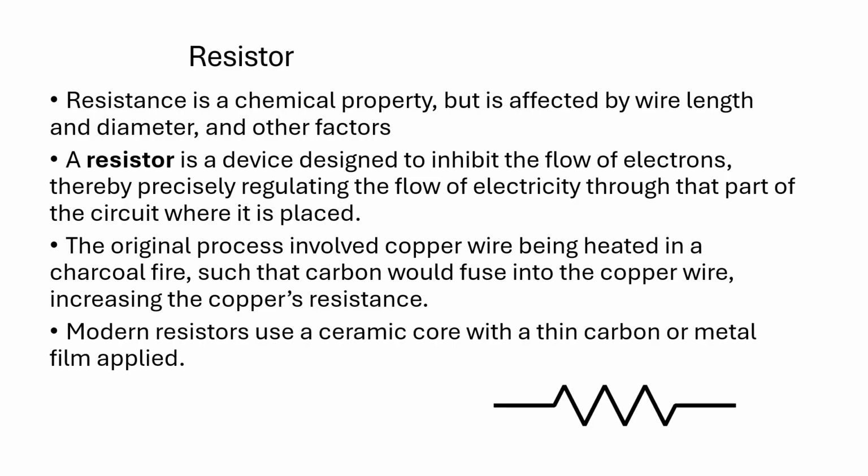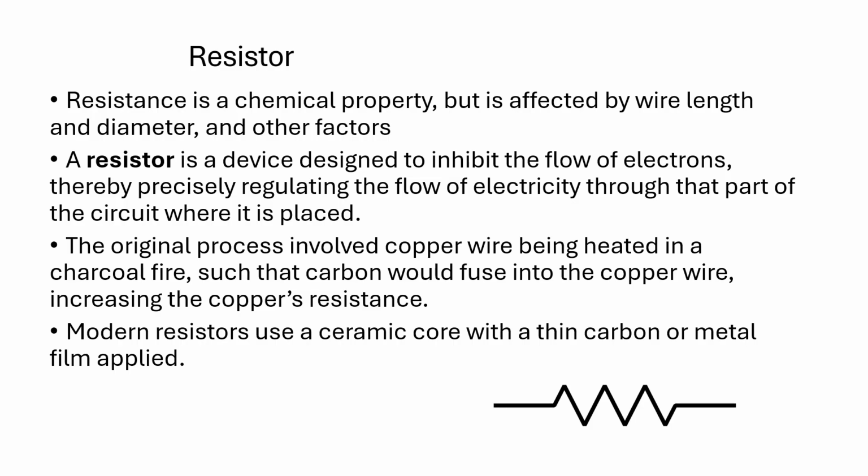Now, we did say resistance was a property of the wire, or the material we're using to conduct. But a resistor as a circuit element is a specially designed section of wire. The way they used to make this is they would take part of the wire they were going to use for the circuit, and they would heat it up in a charcoal fire.